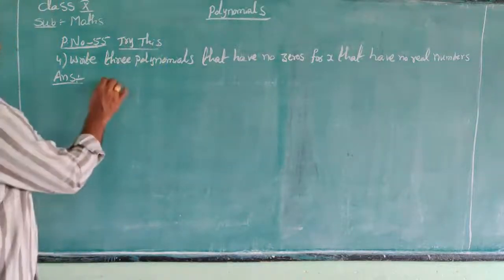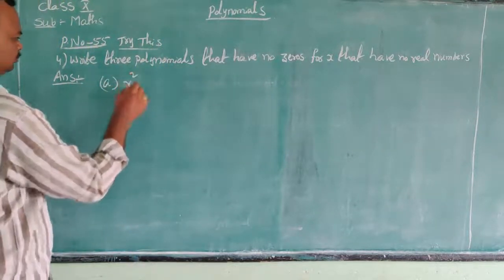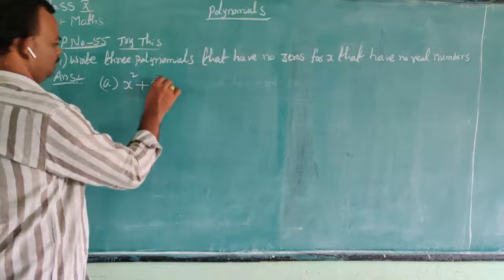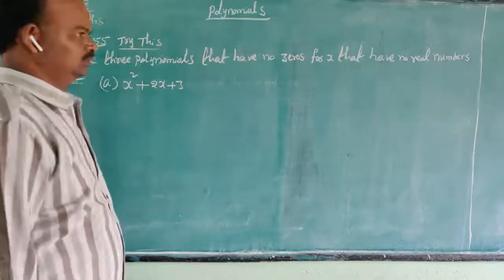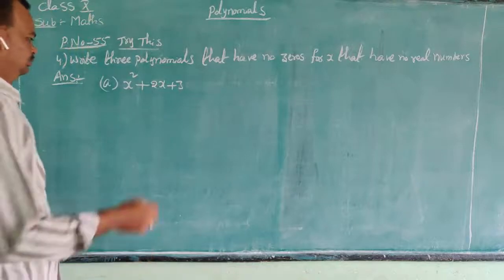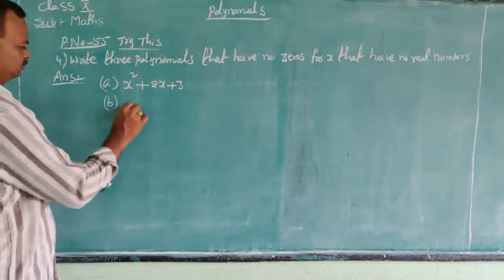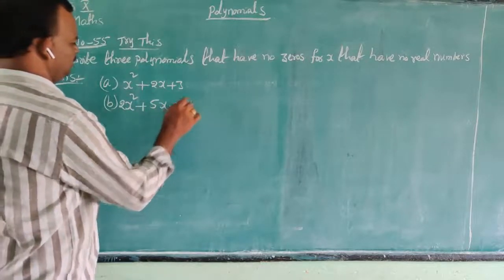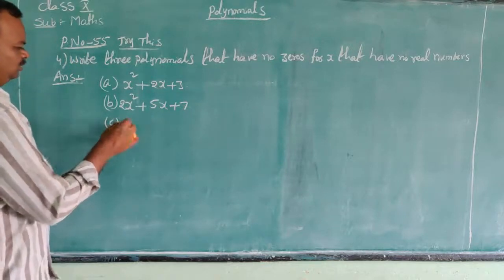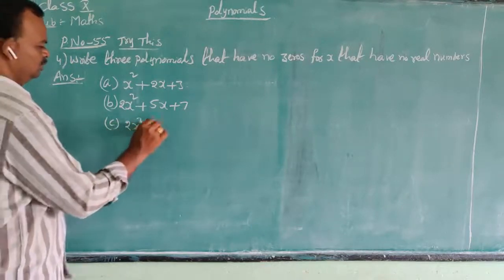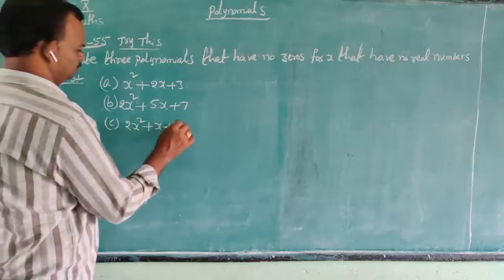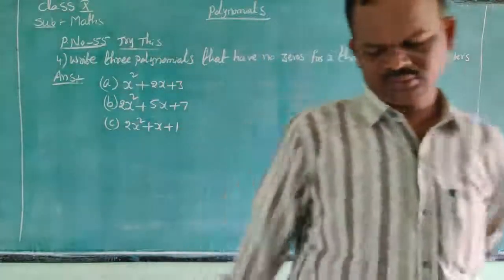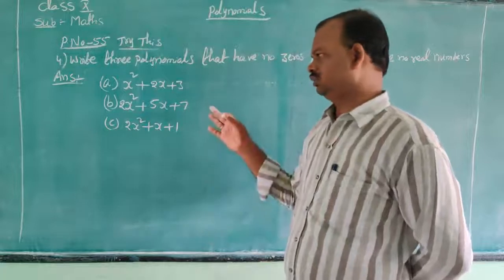So the examples are x square plus 2x plus 3, and the next one is x square plus 5x plus 7, and the third one is x square plus x plus 1.